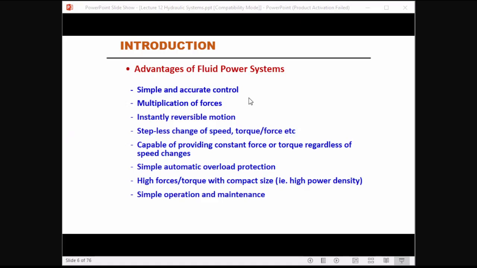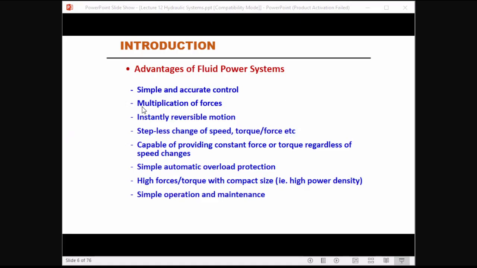You can get actual required speed, and you can get actual positioning using this fluid power. Then it will give accurate requirement.